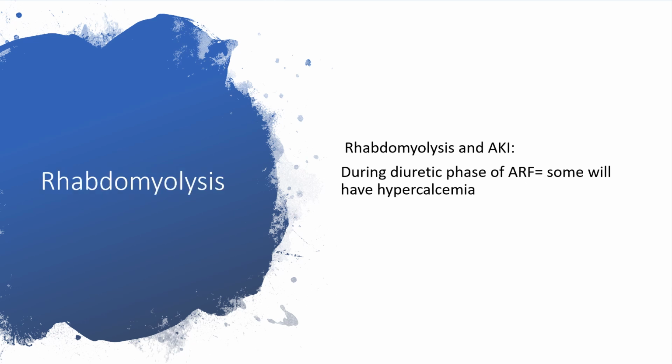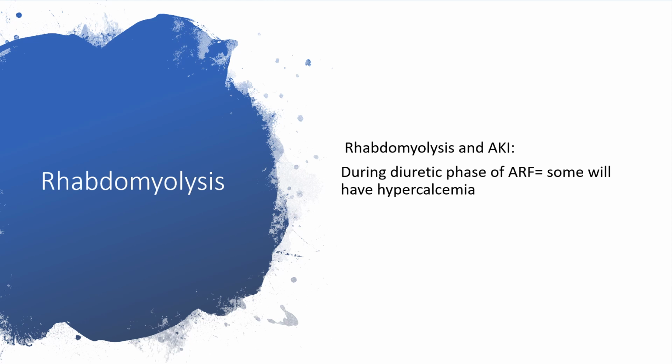Rhabdomyolysis, particularly rhabdomyolysis in the phase of acute kidney injury. During the diuretic phase of acute renal failure, some individuals will develop hypercalcemia.